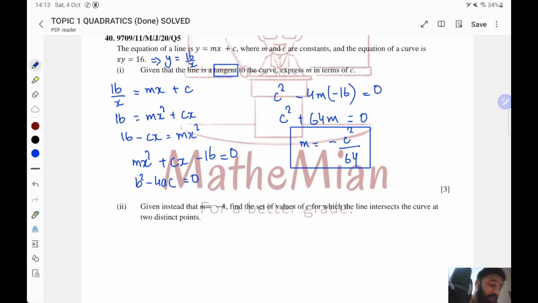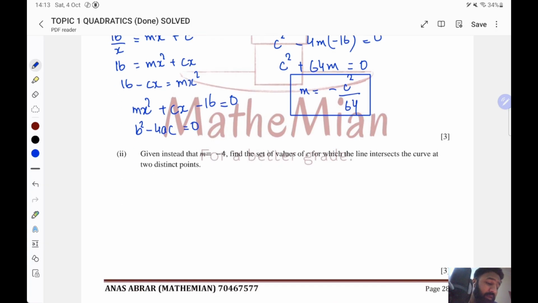Let's move forward. Given that m is equals to minus 4, find the set of values of c for which the line intersects the curve at two distinct points. So we know the value of m now. The value of m is minus 4, and we need to find they are intersecting, so it means that we need to put the y's and y's equal to each other.